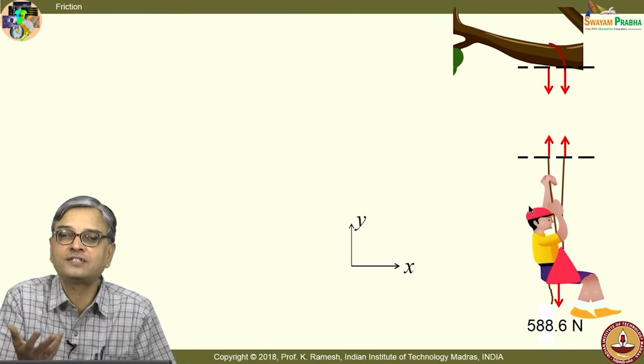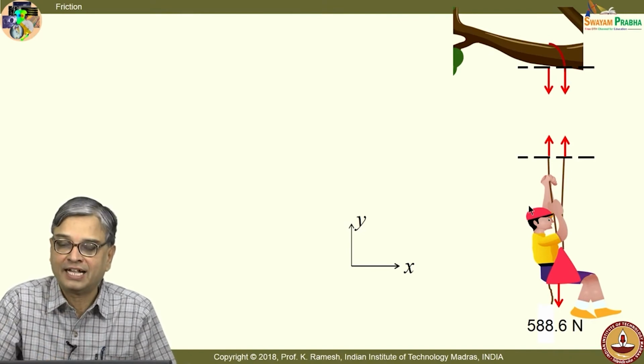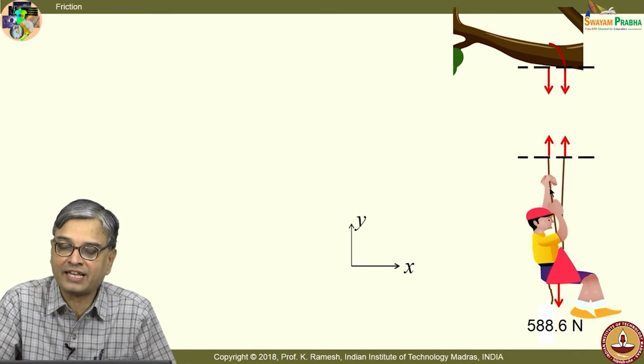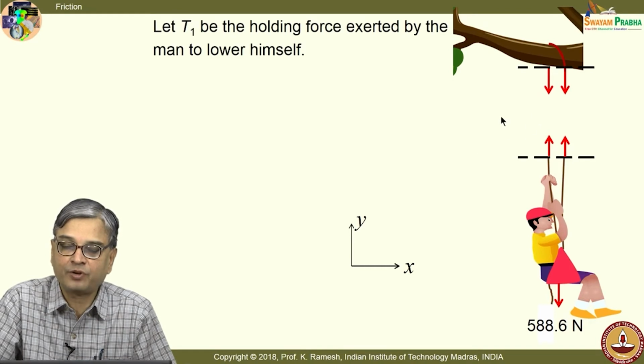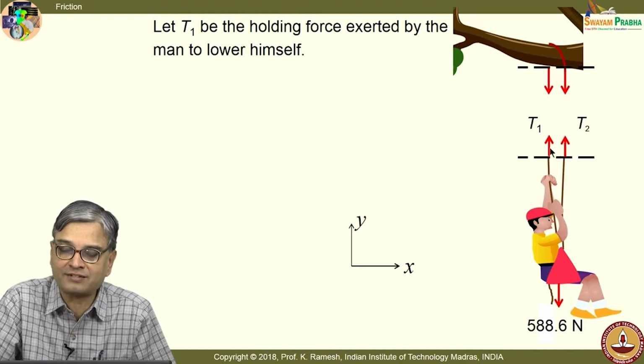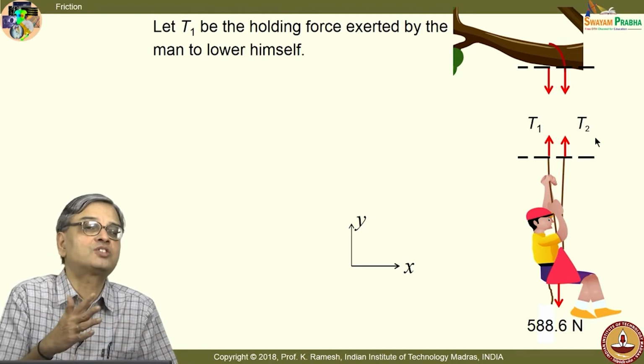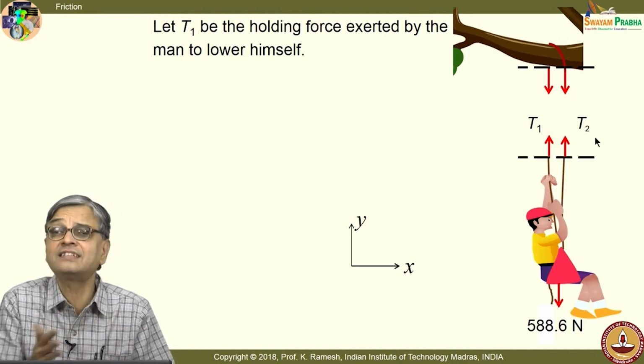The pulling force is his weight. That is happening on this part of the rope, and this is where he holds it. So, he holds this portion. So, this becomes T1 and this becomes T2. The moment you identify what is T1 and T2, the problem is solved. There is nothing else in the problem.